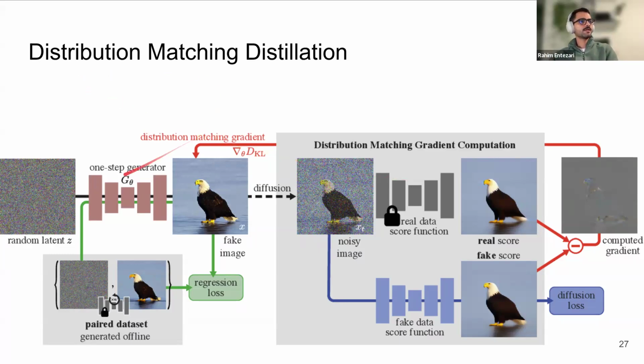How does this work? We start from a random latent. We generate something; we denoise it, right? This is the job of the one-step or few-step generator. Assume that there are many noisy pixels here, and this is not good enough, right? So you add noise and then denoise. You have the fake score and then the real score. This is the student, this is the teacher. You ask both models to denoise this.